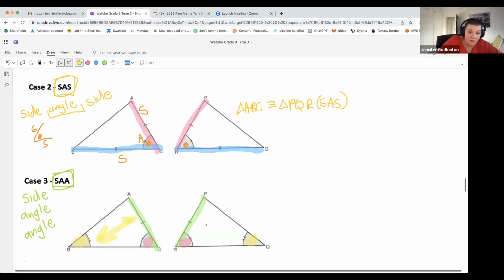And we've got that Q over there, which is opposite the green line. So we need to make sure that they're all in the same position as each other. So let's write out this case of congruency. So we're going to say triangle ABC is congruent to triangle PQR because of SAA.